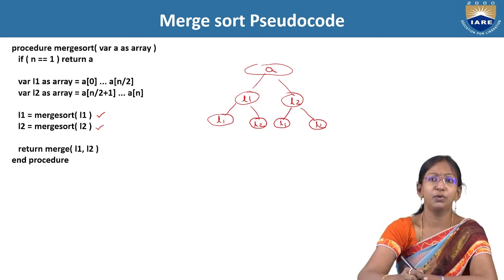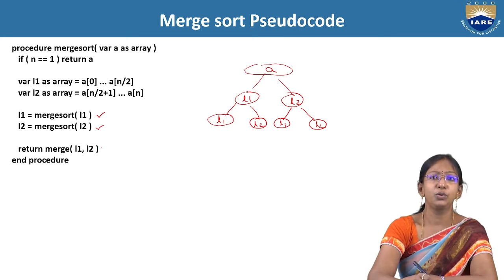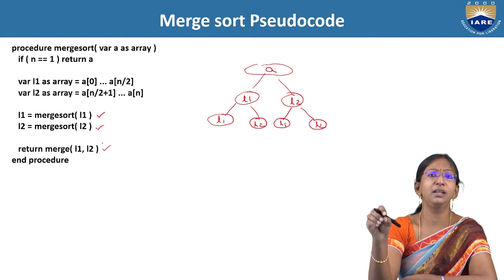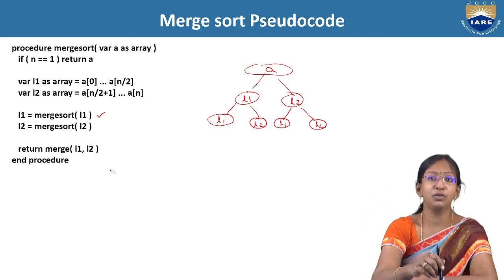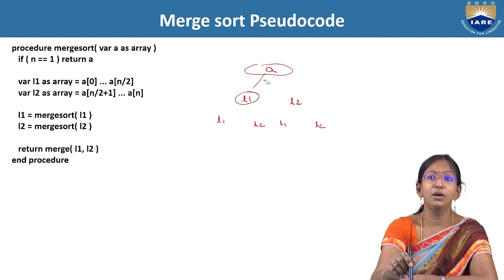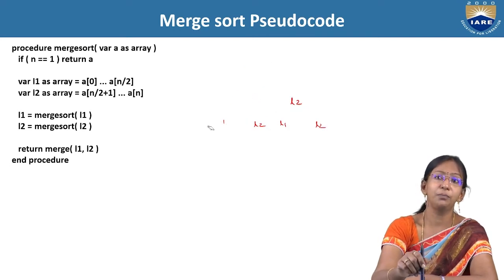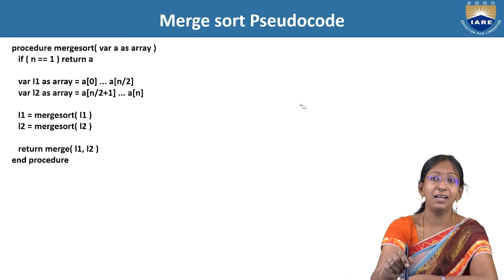Once this is formed, once you break it, you are going to return the resultant lists to the merge function. Merge is the actual function which is going to sort and place these unsorted elements into a sorted way.